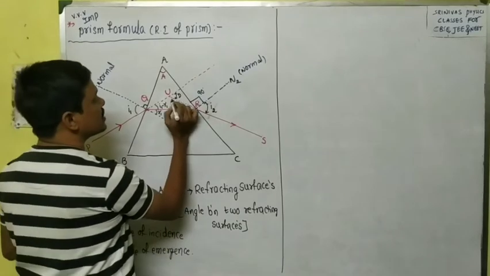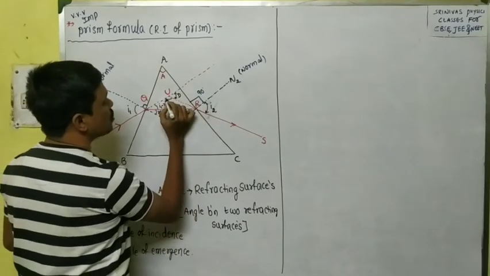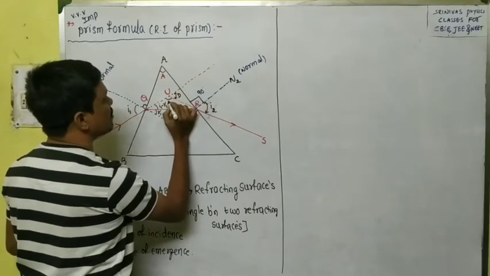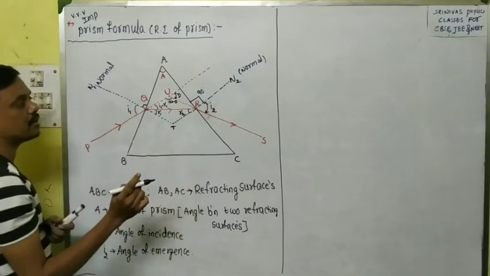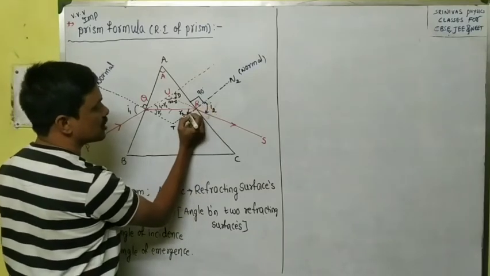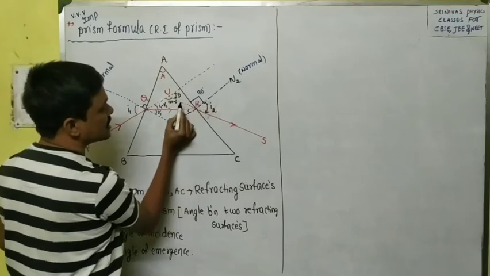And when this is the deviation angle, what about this? Right? This total angle is 180, and that's why this angle will become 180 minus D. Okay, 180 minus D. And what about this? This total angle is I2, because this is the blue line extension, this is the red line extension.